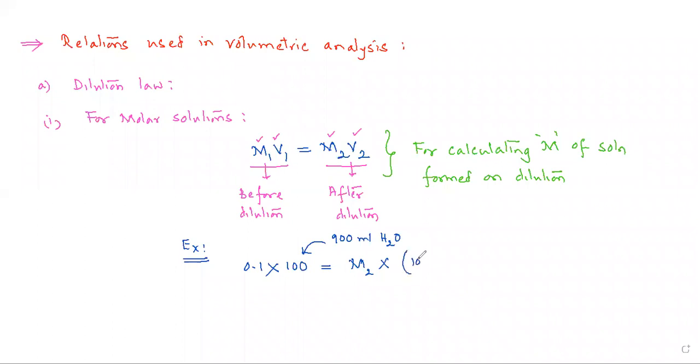And the final volume is 100 plus 900. So we will be calculating the molarity of the solution formed after dilution. This can be calculated. Right. So this is in fact the first case. We can calculate the molarity of the resultant solution.